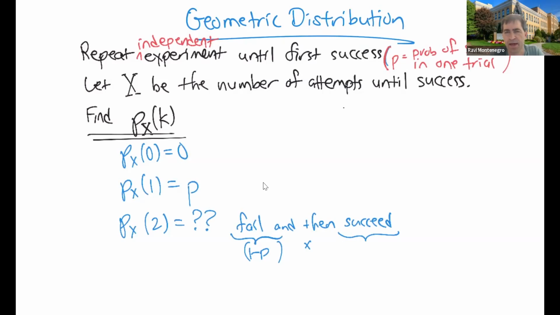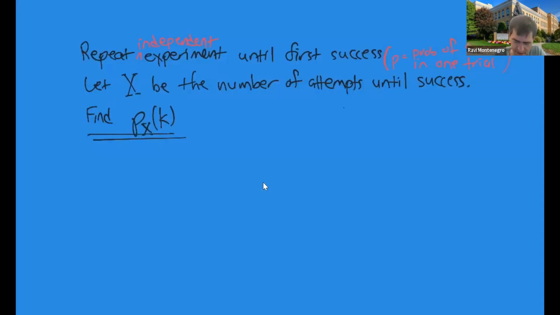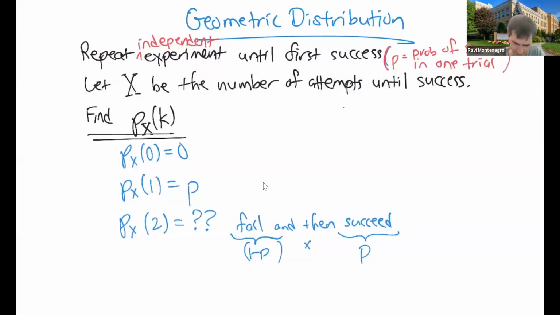Well, I give it a try, and the probability of succeeding is P. So the probability that it takes 2 steps to succeed is 1 minus P times P. And this was the reasoning.